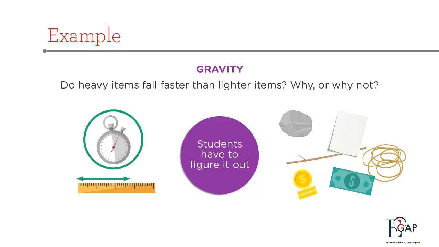The teacher will go around and help make sure students are dropping items from the same height and asking them what they have noticed so far. Some students might notice that the dollar bill and piece of paper fell slower. In this case, the teacher can ask, "And why do you think this is the case?" Some students might not have done the experiment correctly or might have overlooked the fact that the paper items fall slower.